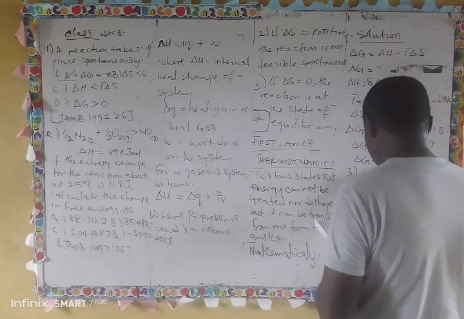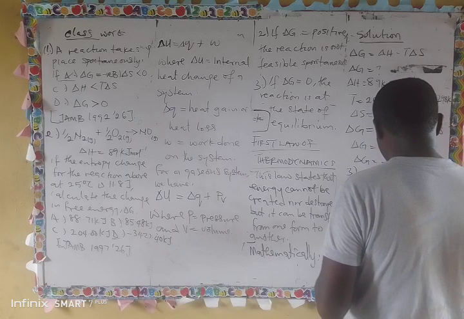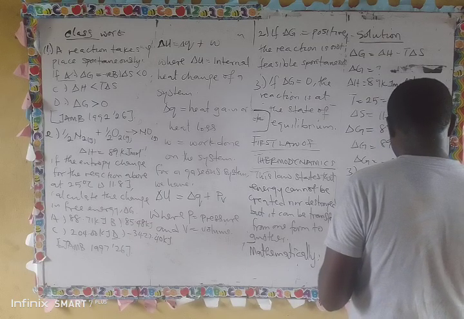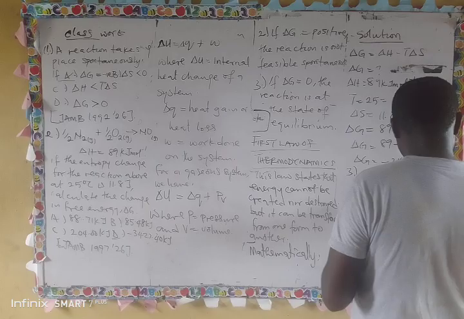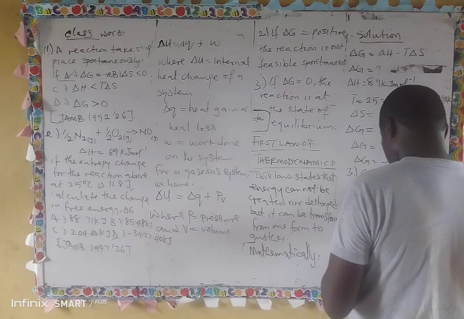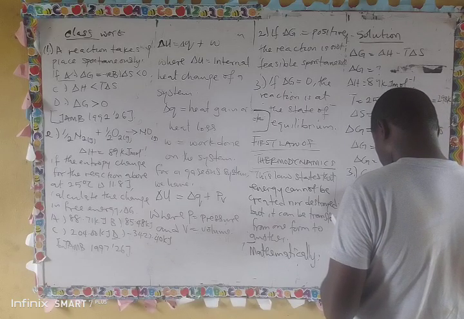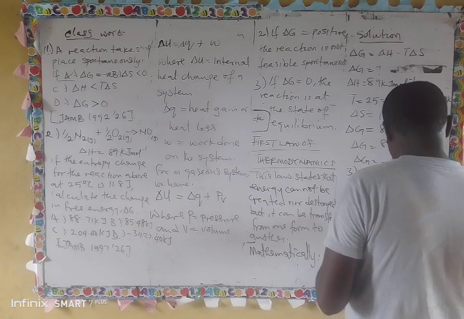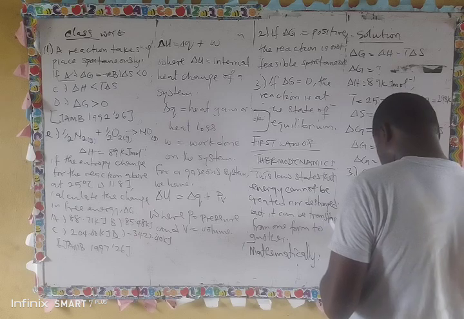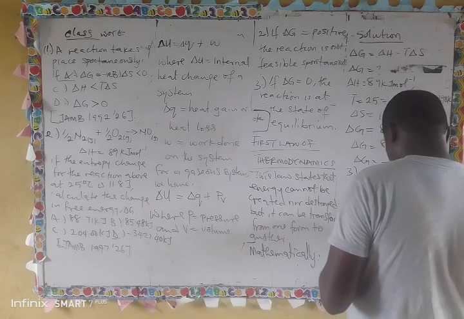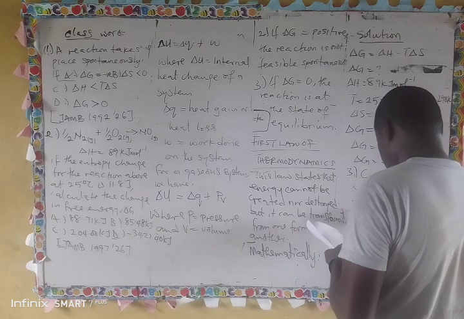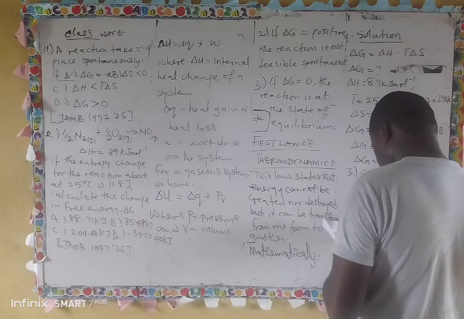It says C plus H2O gas equals H2 gas plus CO gas. It now says delta G for the reaction above at 1300 Kelvin is minus 43 kilojoule.